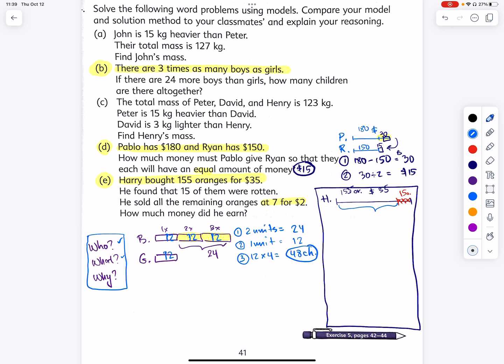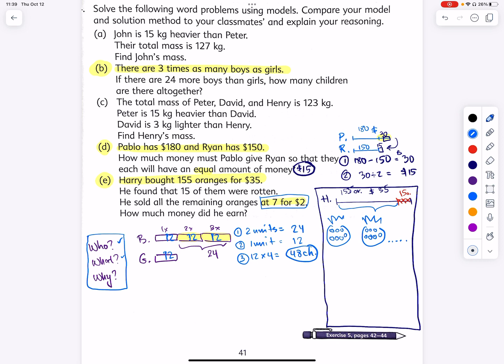He packed them at 7 for $2. Watch. He made a bag and he made another bag. Okay? And he packed 1, 2, 3, 4, 5, 6, 7. And so on.